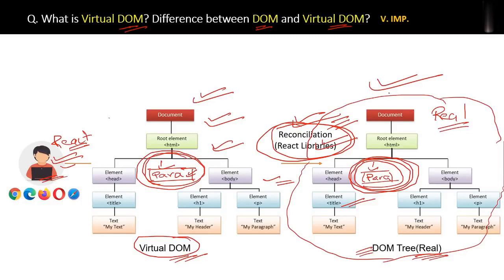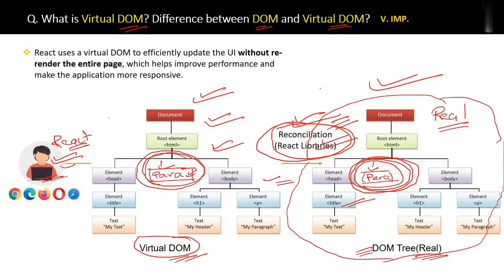This minimum rendering of the DOM makes your web page very fast to load in the UI. The conclusion is, React uses a virtual DOM to efficiently update the UI without re-rendering the entire page, which helps in improving performance and makes the application more responsive.